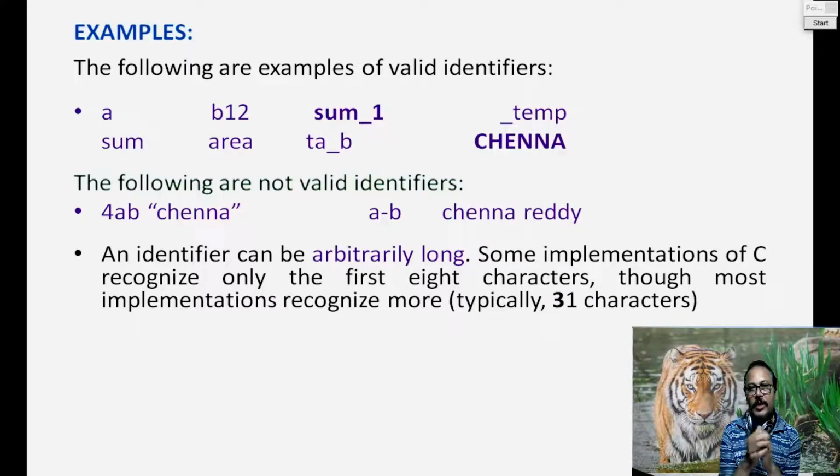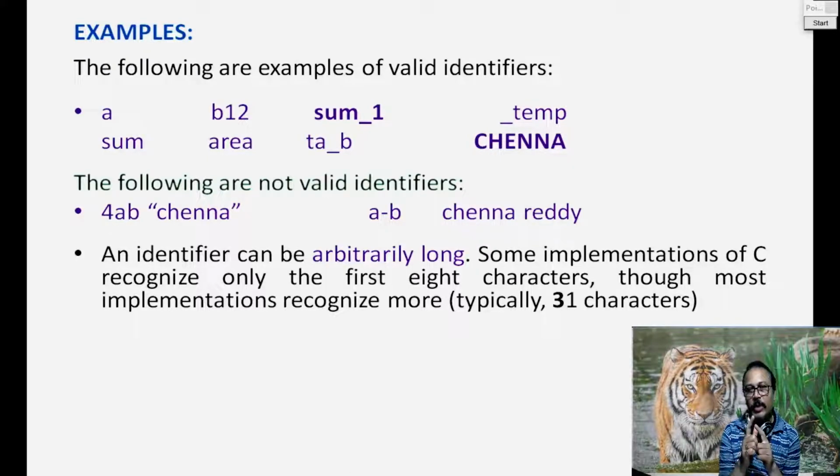Some underscore 1 is also valid, because it is starting with a letter, a combination of letters and digits, including the underscore character, which is treated as a letter. So you can see the capital letter name, and also underscore temp is also valid.